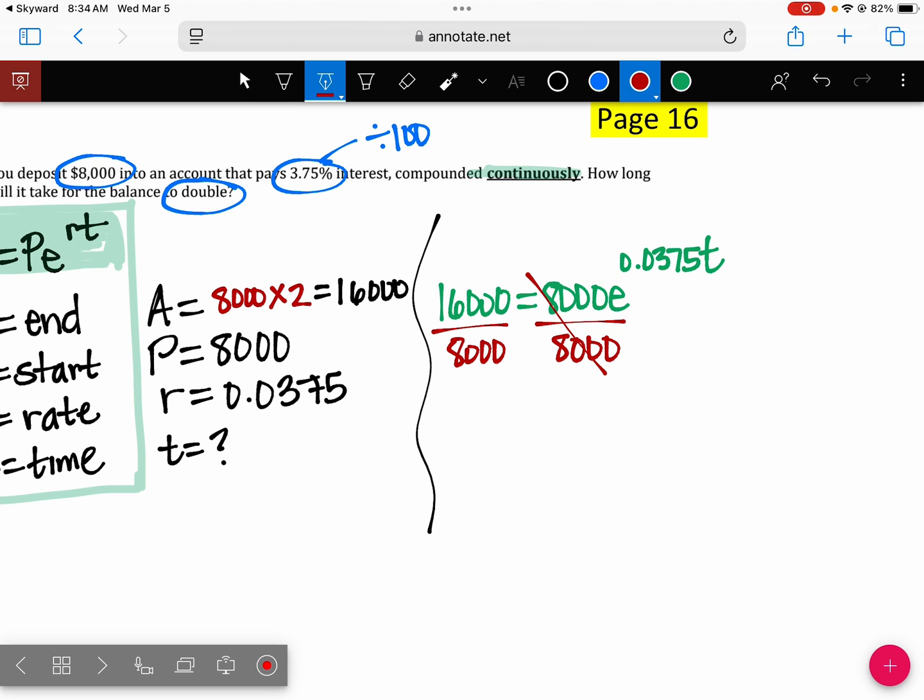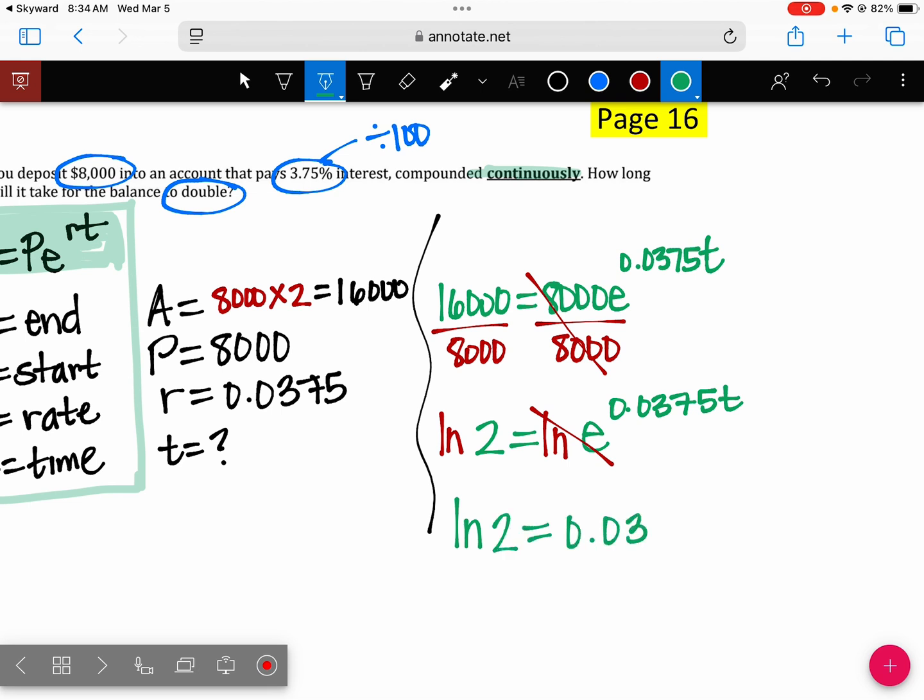So 16,000 divided by 8,000 is 2. Now the opposite of e is ln. Put that in on both sides. That's going to cancel out the e. So we have the natural log of 2 equals 0.0375t. So your last step is to divide both sides by 0.0375.